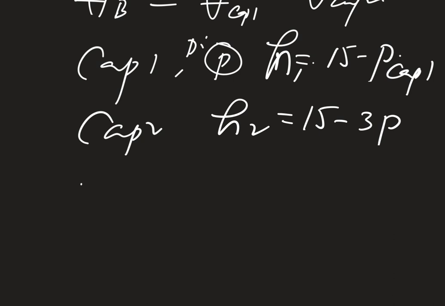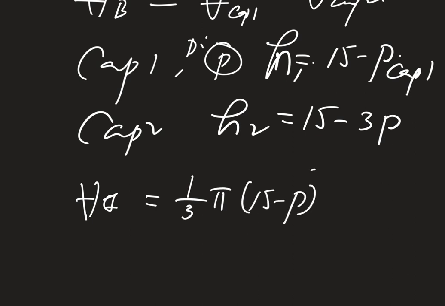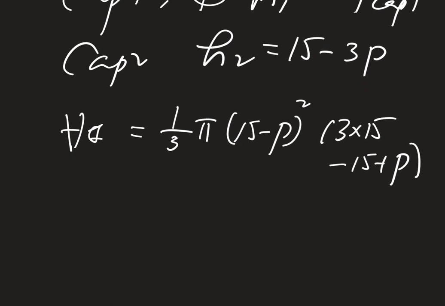So the volume of Cap 1 is equal to, we can just copy down the formula, pi h squared, so pi times (15 minus P) squared divided by 3, times 3 times 15 minus (15 minus P). You just touch up a bit.